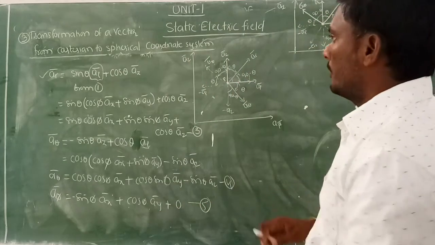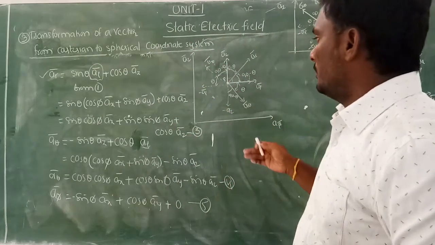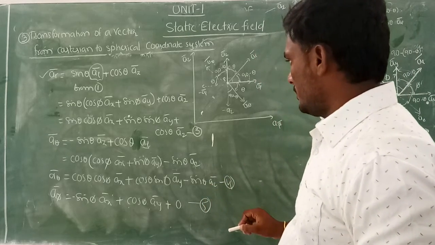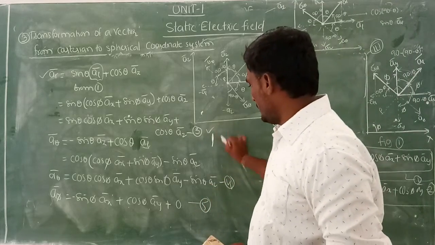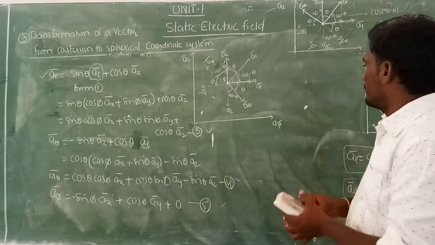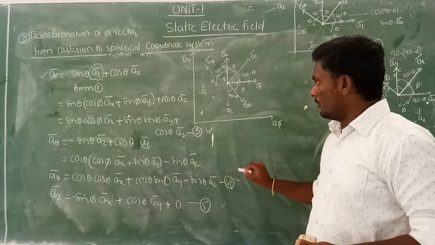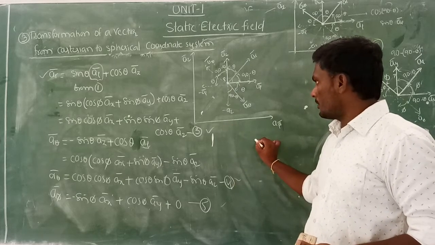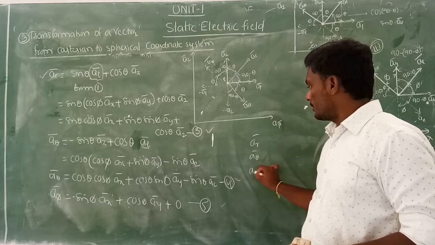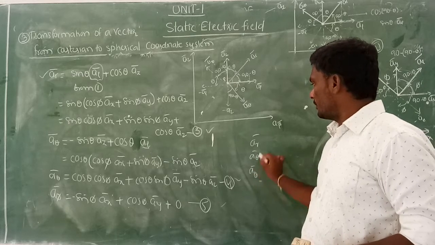From equation numbers 3, 4, 5, we can write these in matrix form like this: AR bar, A theta bar, A phi bar.